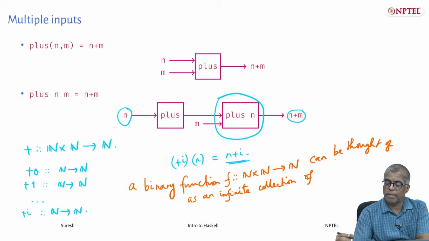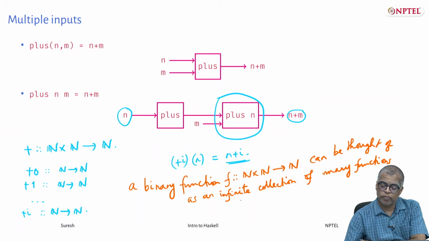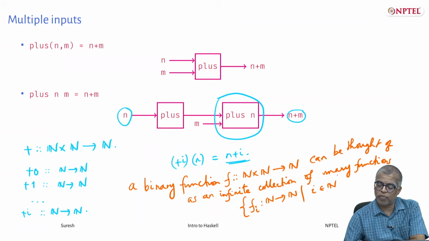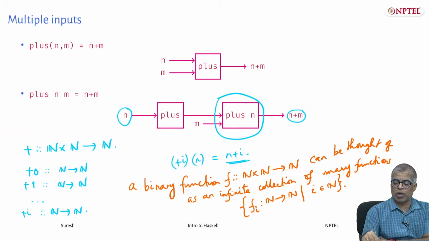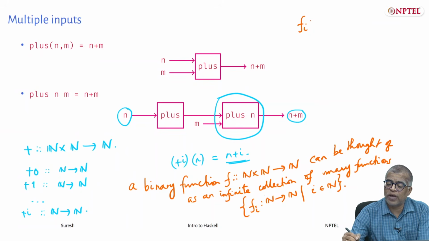This is the important thing. F sub I from n to n for I ranging over all the natural numbers, right. So, this is the point. How do you define the F I? F I will send n to f of I comma n, right.